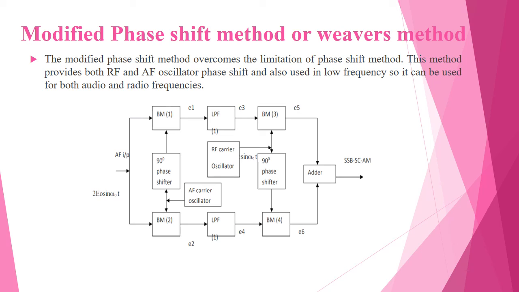The same process used in the phase shift method is used here also, but here we have used two low pass filters for filtering the signal, and also we have used four BMs. After that, at last we will add all the signals together and it will provide the SSB SC AM signal. Okay.